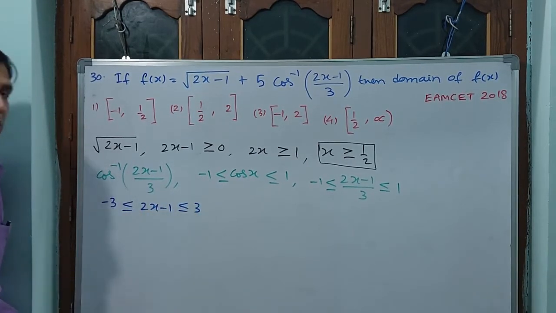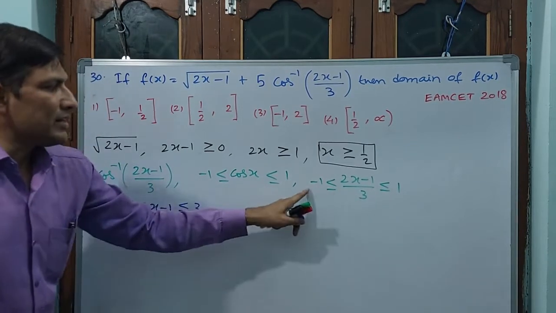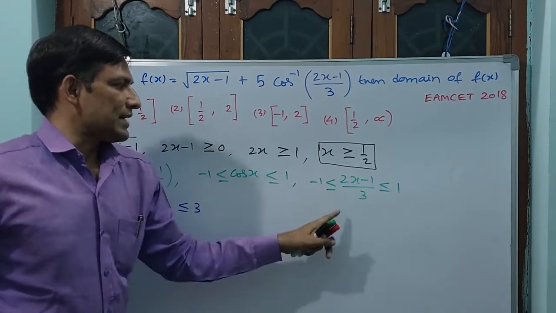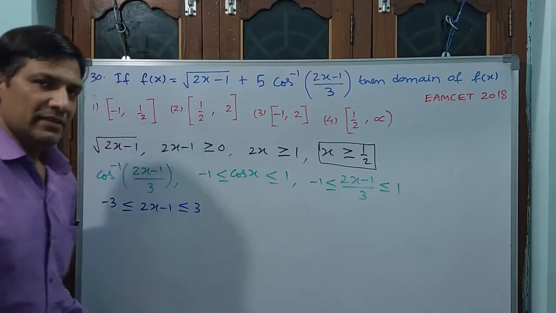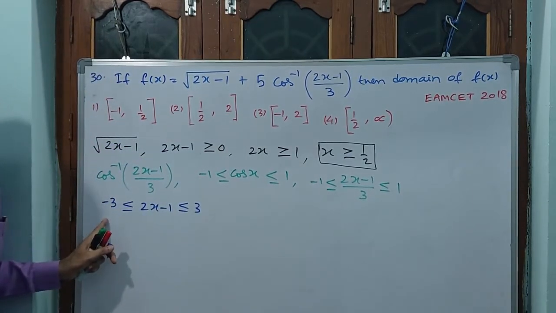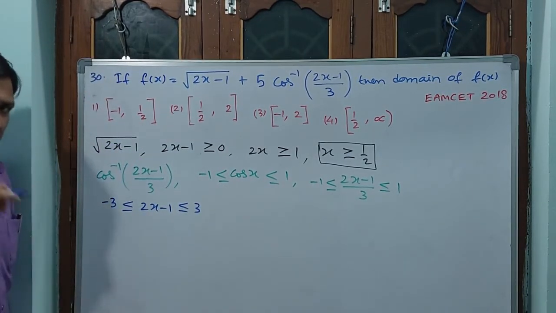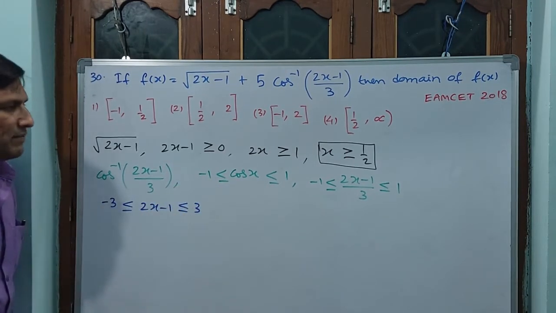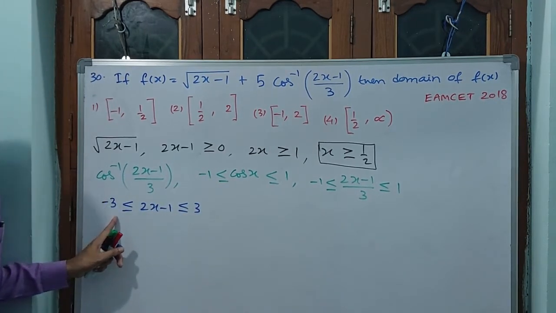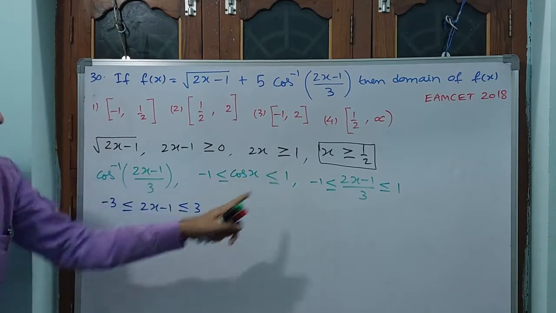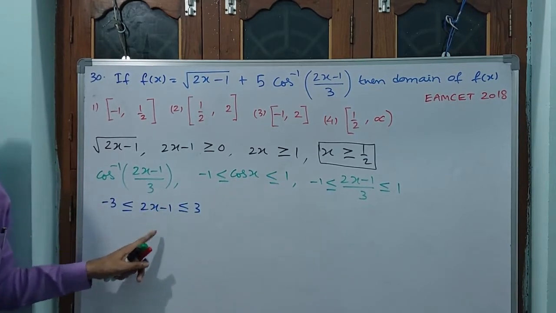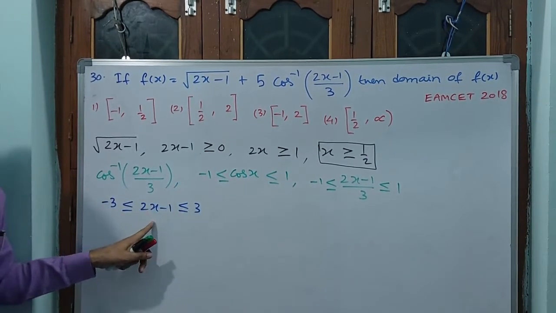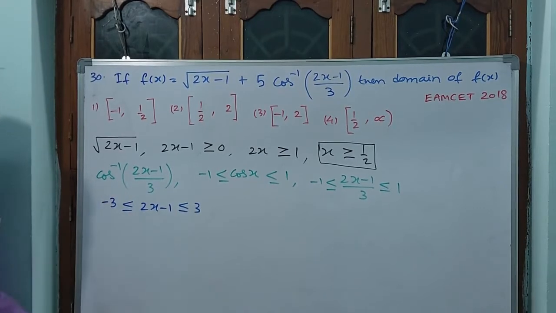You can think of sending the 3 to both sides, but that is not the correct practice. Rather, think that I have multiplied by 3.